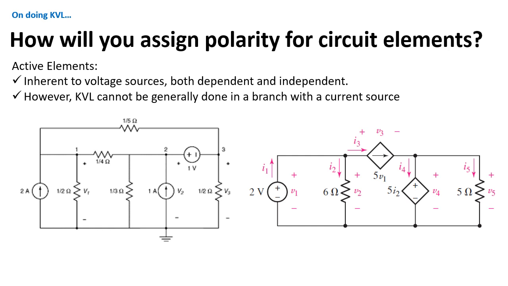Generally, you cannot do KVL with current sources except when you know the nodal voltage across that particular source. Whether it's a dependent current source or an independent current source, generally you cannot do KVL on it. So it's kind of black and white. If it's a voltage source, it's easy for you to define the polarity. But if it's a current source, you cannot generally do KVL on it. Okay, so that's it for the active elements.